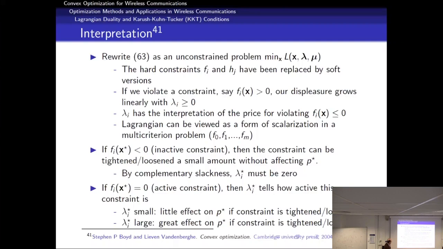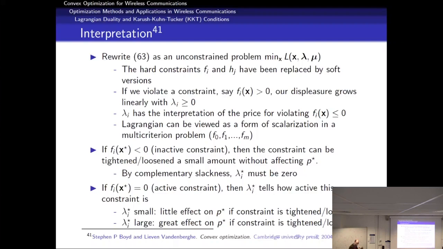And so what that means is that you could make the constraint a little bit tighter. Instead of f_i of x being equal to 0, I will say f_i of x has to be smaller than minus epsilon, with epsilon positive.